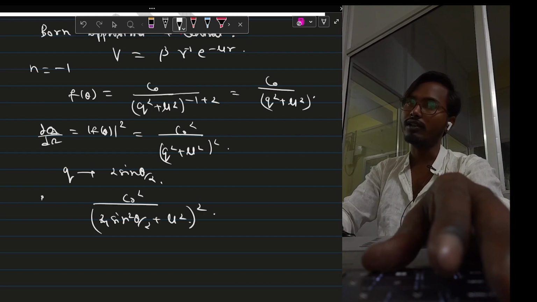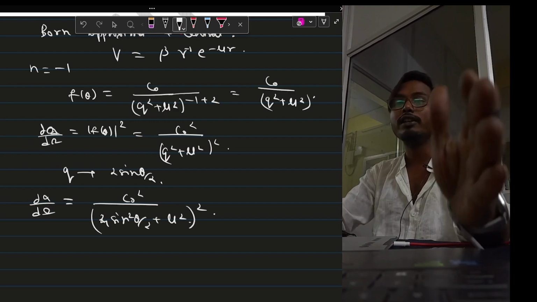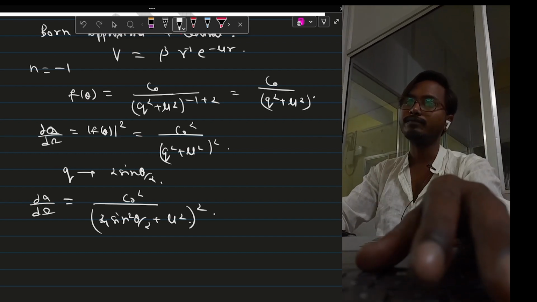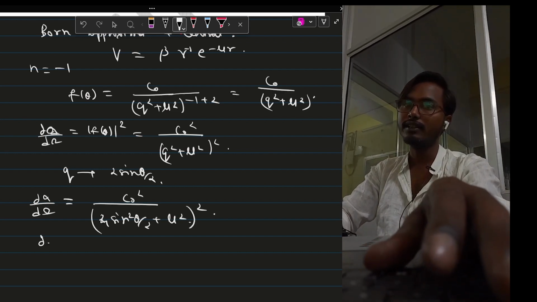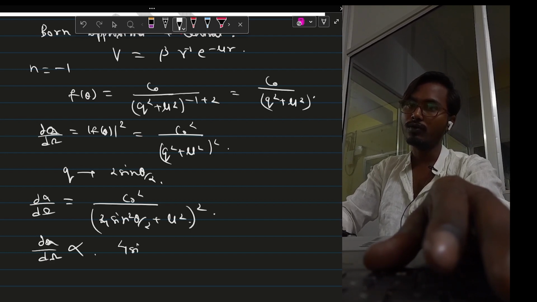So this term is the differential scattering cross section, so we are only interested in proportionality. So we say that this term is proportional to 4 sine square theta by 2.